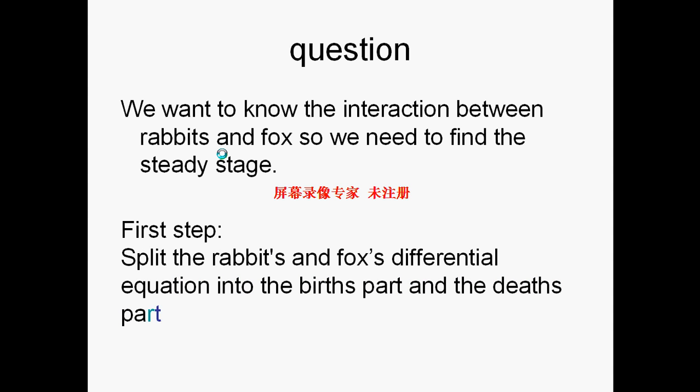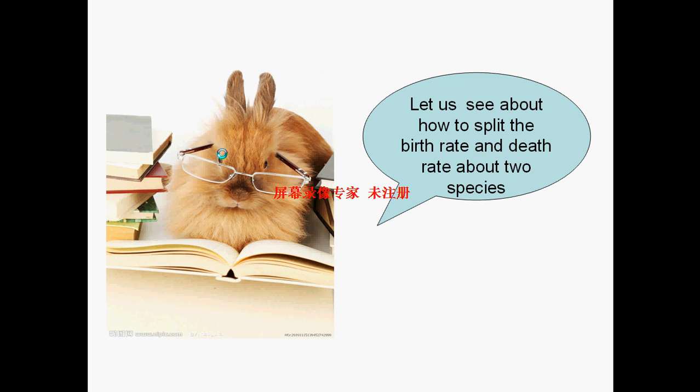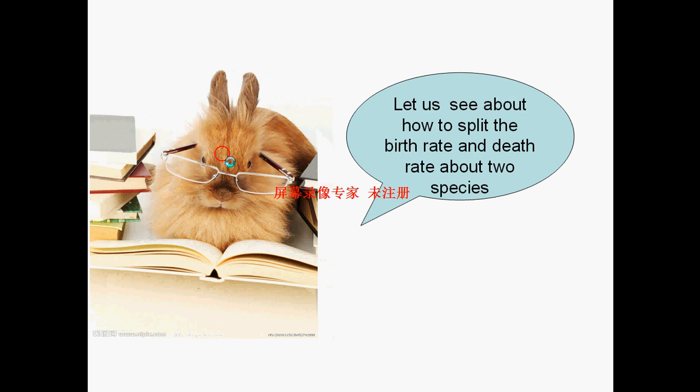First, we will need to split the rabbit and fox differential equations into the birth part and the death part. Let us see how to split the birth rate and death rate of the two species.